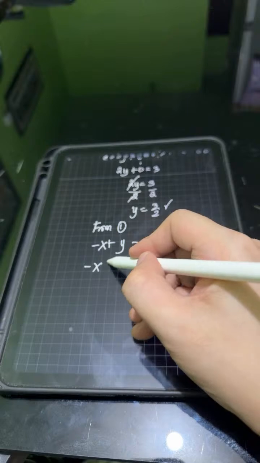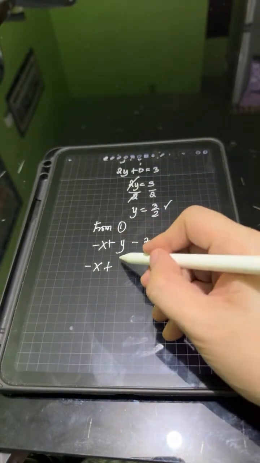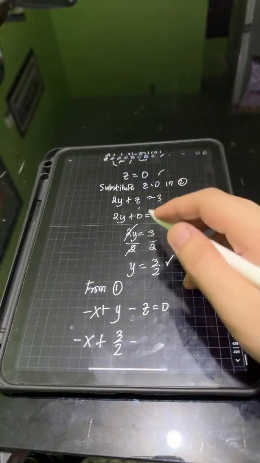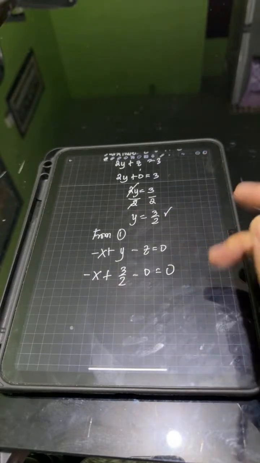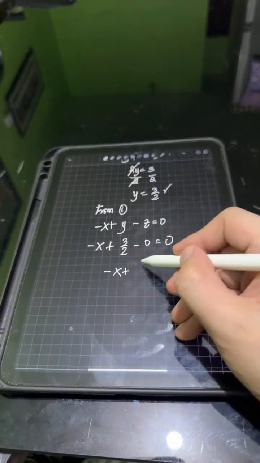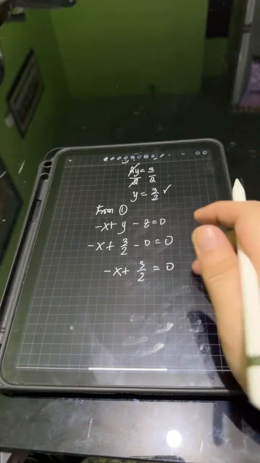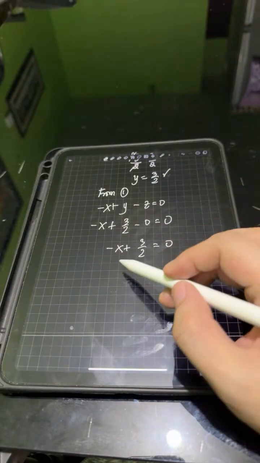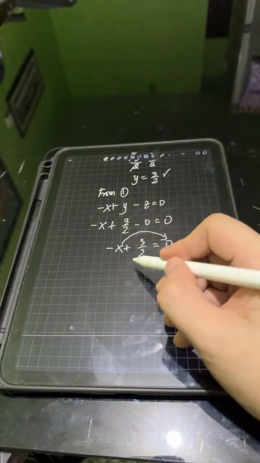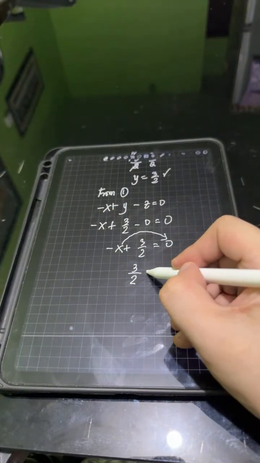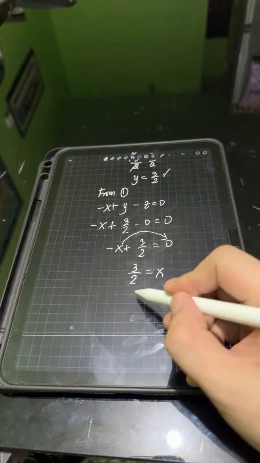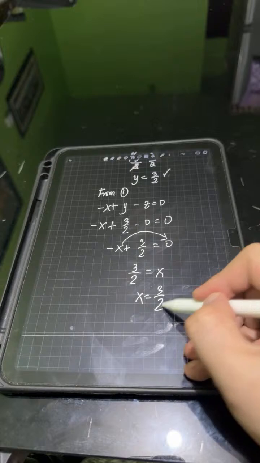So negative x plus y, which is 3 halves, minus z, which is 0, equal to 0. Therefore, it's just negative x plus 3 halves equal to 0. Then we can transpose this negative x to the right side. Therefore, we have 3 halves is equal to positive x, or x is equal to 3 halves.